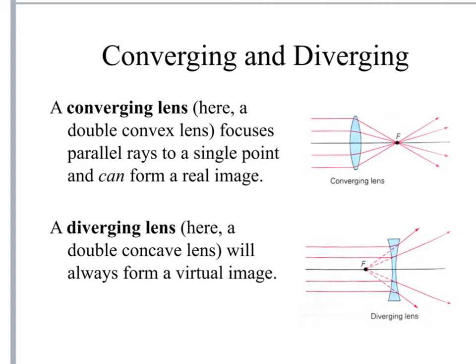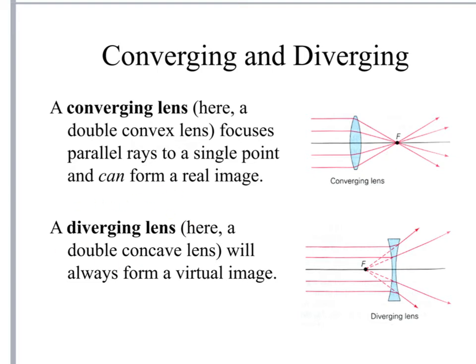Now, if you recall, to converge means to meet up at a certain point. When we're talking about mirrors or lenses, these parallel rays will all converge or meet up at the focal point.